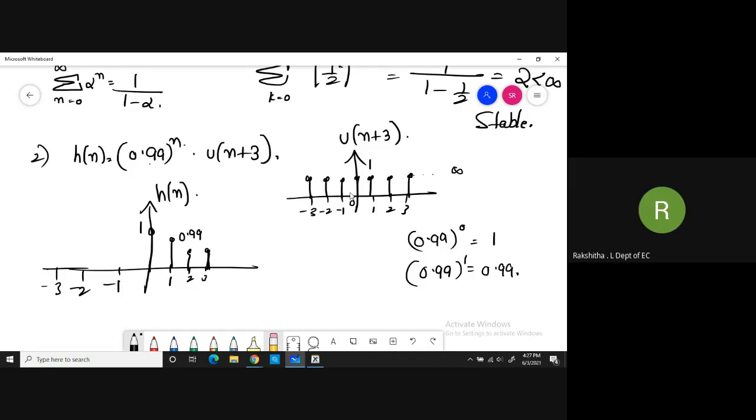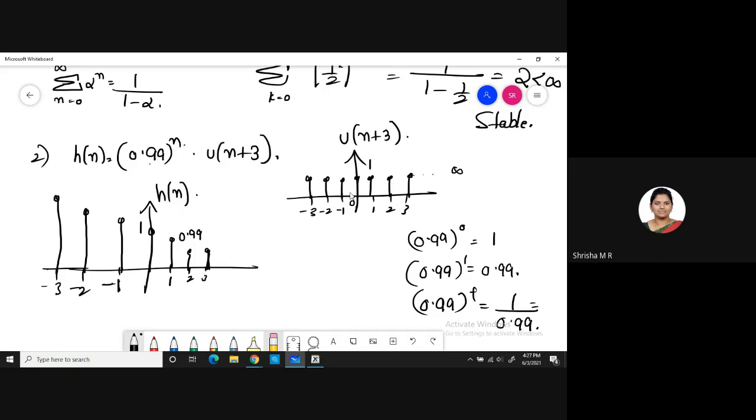You'll get 0.99 to the power of minus 1. So it's 1 by 0.99. So it will be some value greater than 1 or not? 1.0101. Yeah, at minus 2, it will be something greater than that. At minus 3 also it will be greater.